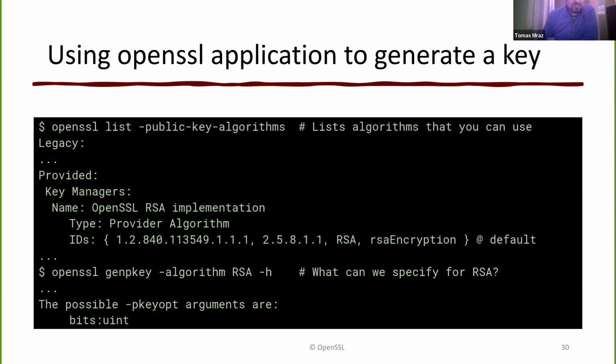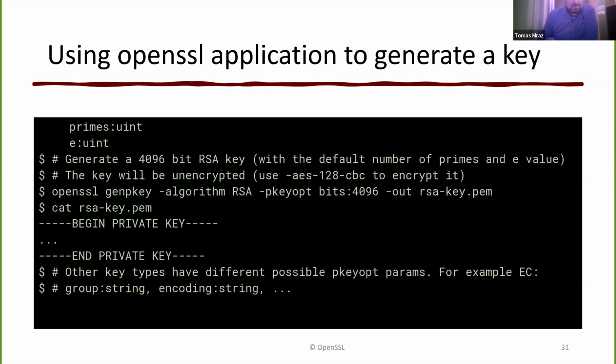And we can use openssl genpkey -algorithm RSA -help to see what we can specify for generating RSA keys. There is some output, and also the possible pkeyopt arguments are bits:uint and primes:uint. So what are these parameters of the algorithm?